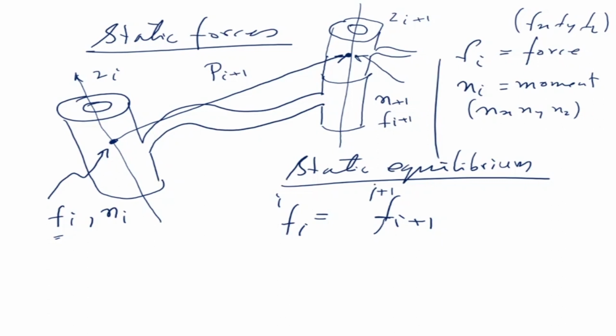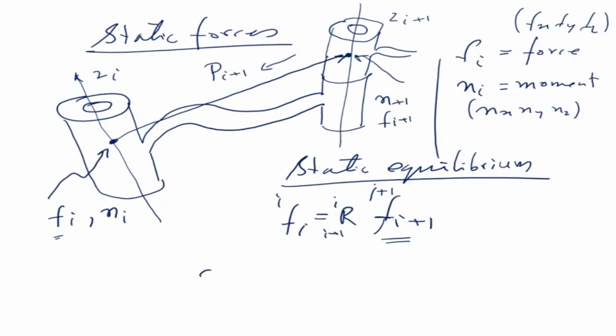Now we observe that I plus 1 and ith frames are different now. So I basically put a rotation matrix here, I to I plus 1. So Fi is equal to the rotation matrix which is relating I plus 1 to I now. Now we are moving in this direction, so it's not the inverse. And this is my next force, Fi plus 1. So this gives me the force equation.